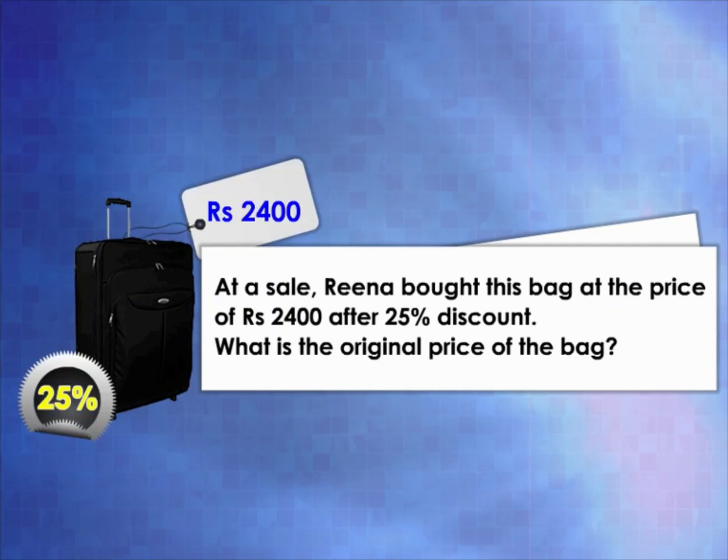At a sale, Reena bought this bag at the price of 2,400 rupees after 25% discount. What is the original price of the bag? How do we solve this? We know that the price after subtracting the discount is 2,400 rupees and the percent discount is 25% of the original price.